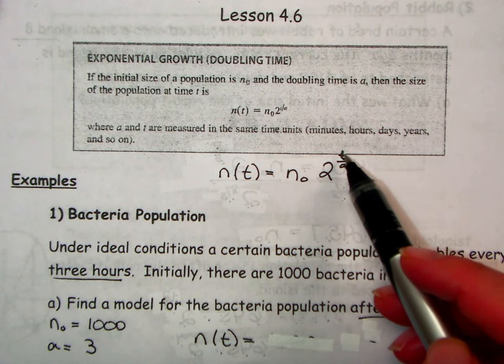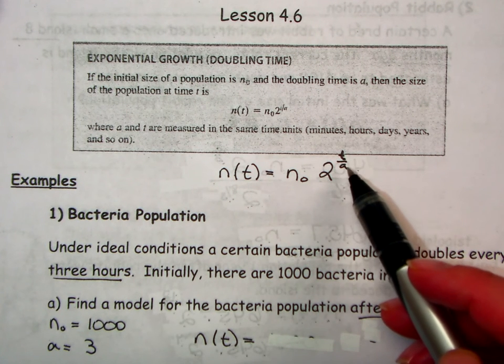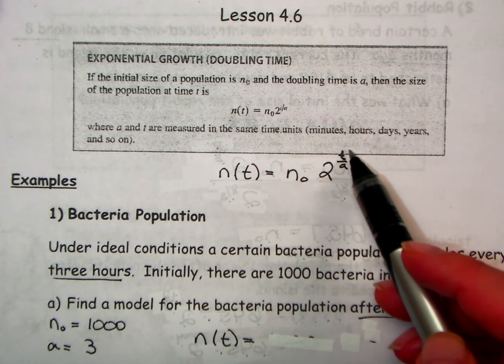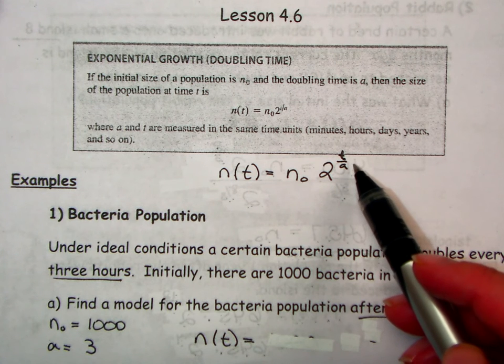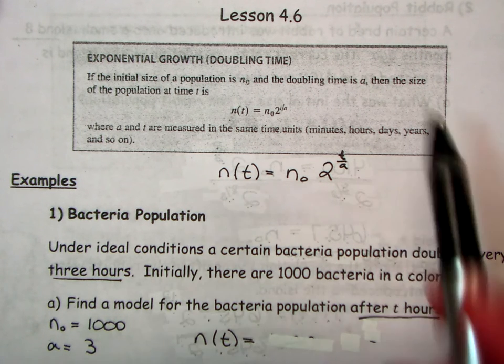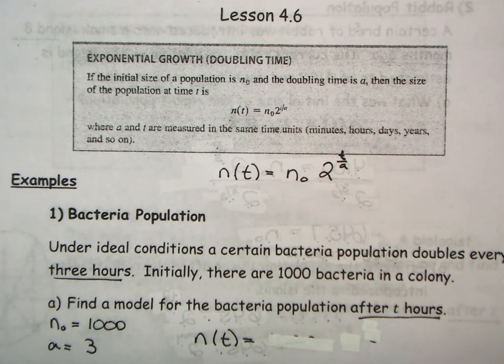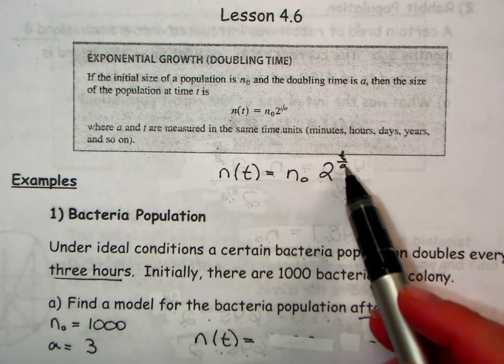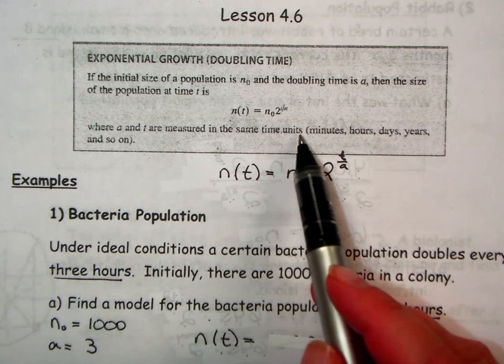Make sure your time increment and your doubling time are in the same units. So if one's in days and the other one's in months, we might have to convert days to months or months to days. But make sure t and a are in the same units of time.